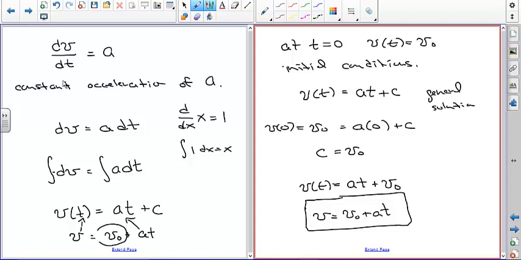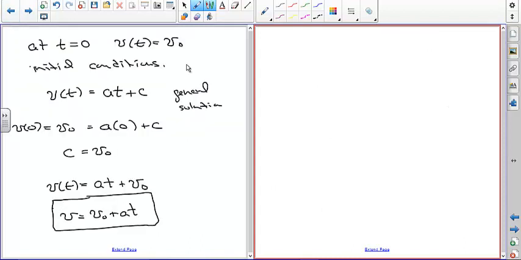Now the second thing we do is we say that, if you remember from physics, the derivative of the displacement with respect to time is equal to the velocity. So again, we can take this and put it in differential form. So dx is equal to v times dt.